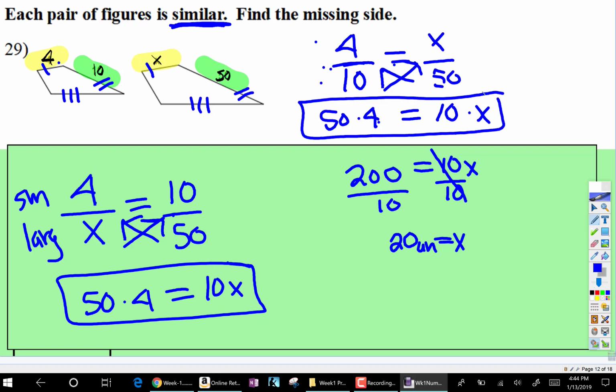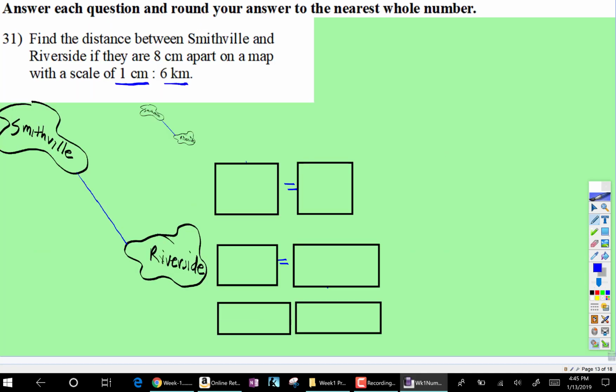As long as you're comparing the same triangle, so short side to the longer side is the short side to the longer side, or you're comparing the similar sides to each other, 4 is to x as 10 is to 50. You just have to make sure that when you do it this way, the sides that you're comparing are similar to each other. Okay, so now we're going to do one other.